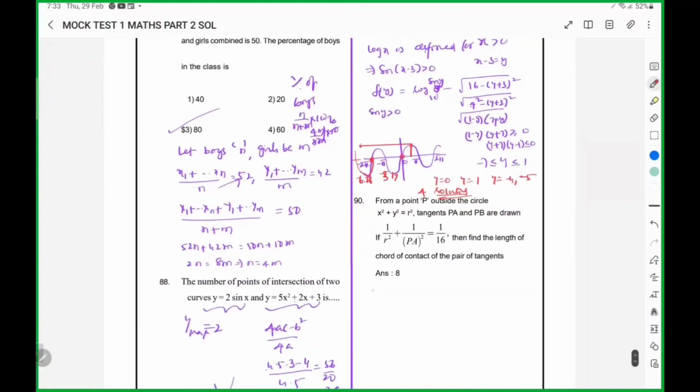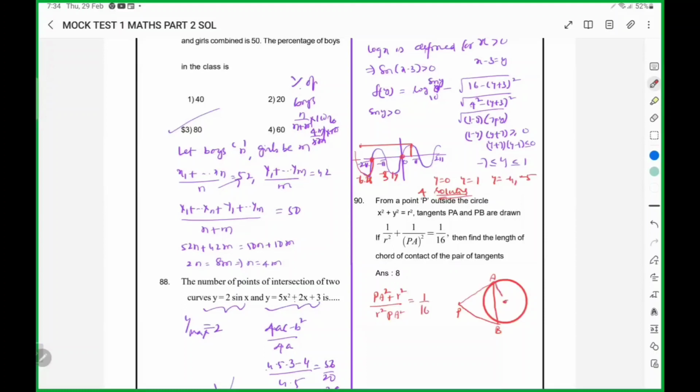Here it is for a given circle whose radius is r. Tangents are drawn from the point P. What he is asking is the length of this chord of contact. Given one relation, r square into PA square is 1 by 16.